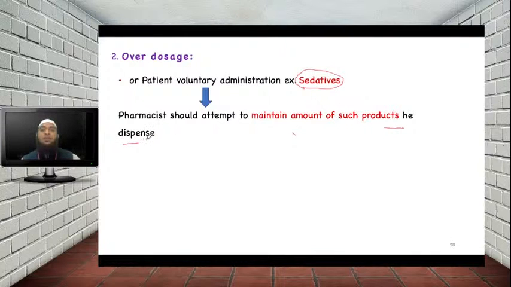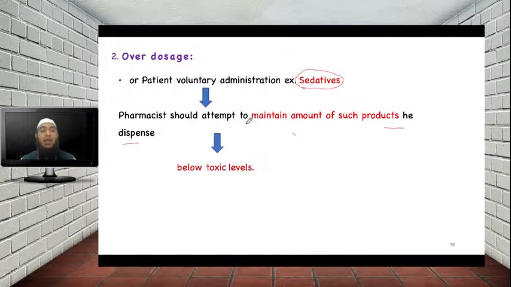Instead of dispensing a complete strip, if you know the patient has a habit or history of taking more tablets of the sedative, then you can dispense a small amount of doses. So even if the patient takes them all at once, it does not produce any toxic effect.